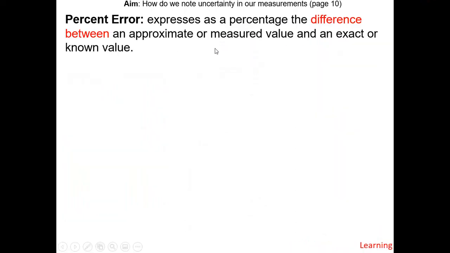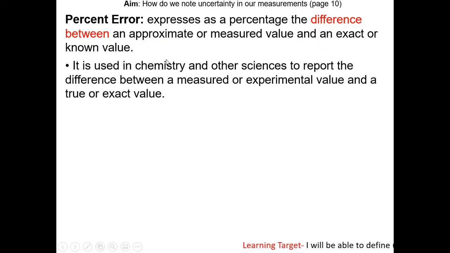So what is a percent error and how do we calculate it? Percent error expresses as a percentage the difference between an approximate or measured value and the exact or known value. It is used in chemistry and other sciences to report the difference between a measured or experimental value and a true or exact value.